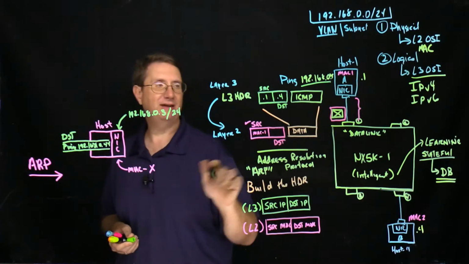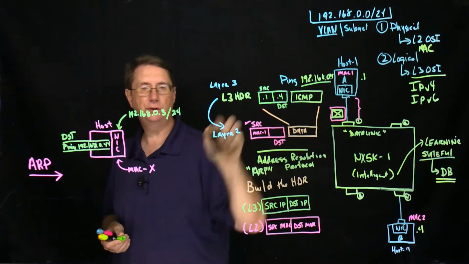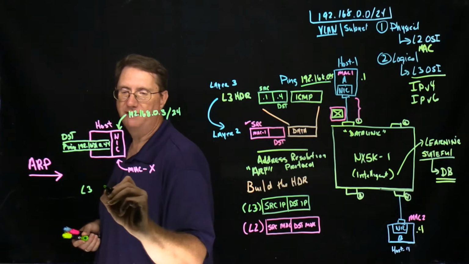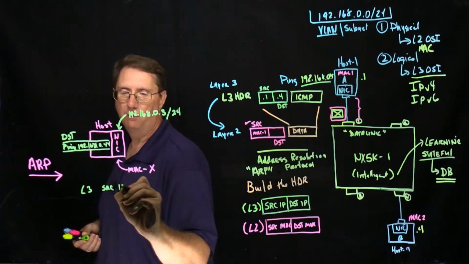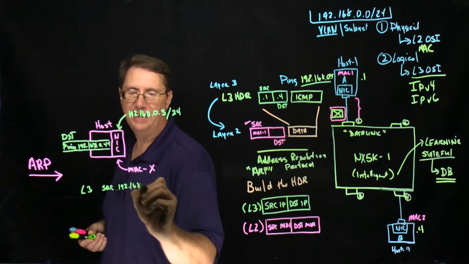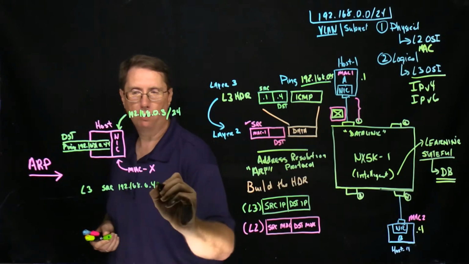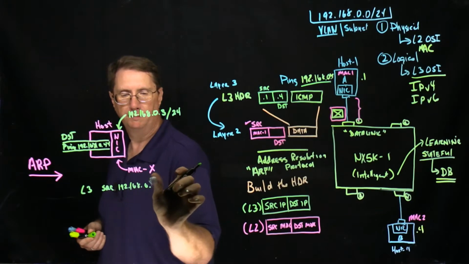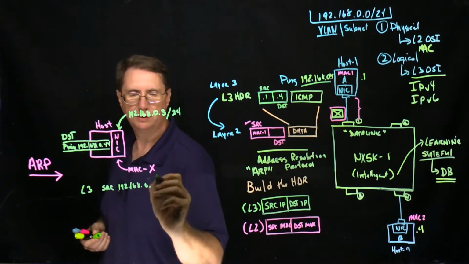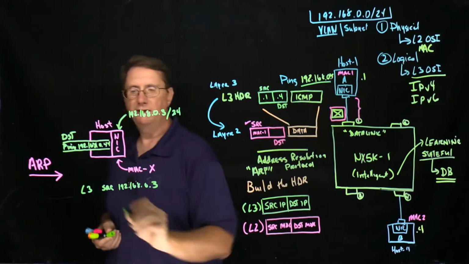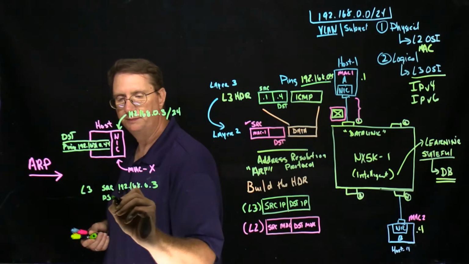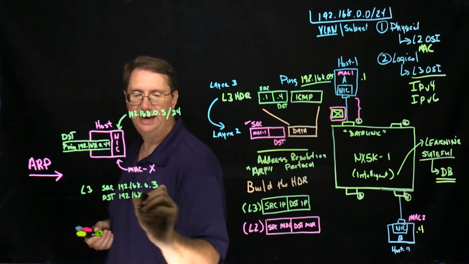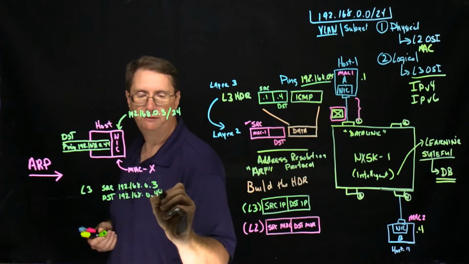So I now have everything that I need to constitute my layer 3 header. My layer 3 header is going to be comprised of a source IP of 192.168.0.3, excuse me, and the destination address of 192.168.0.44.